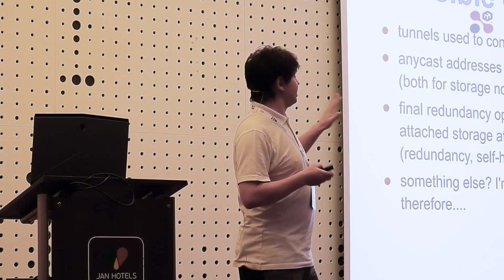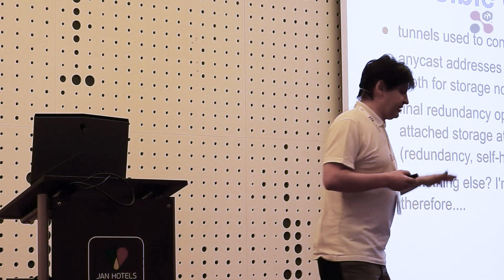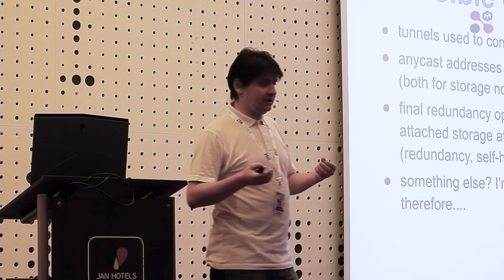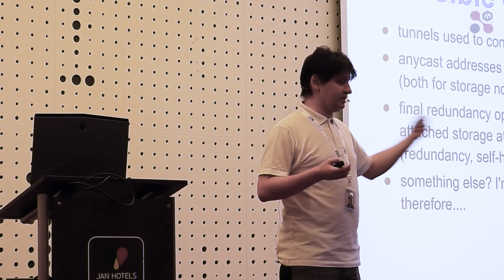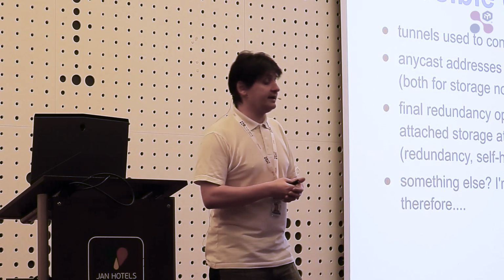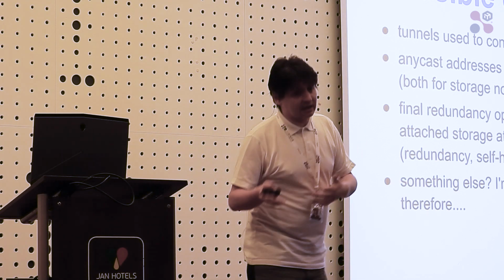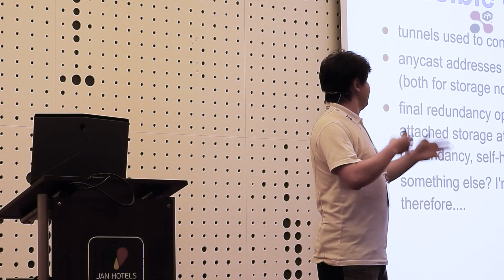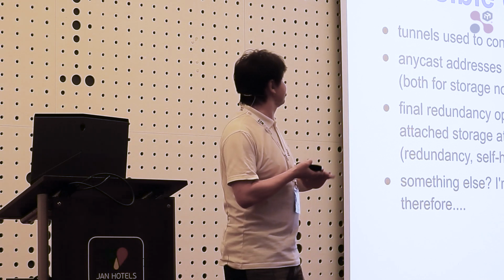So what can be done better? You can use tunnels for better connectivity to the controller or to the client, but the tunnels will add extra headers, which is not wanted.